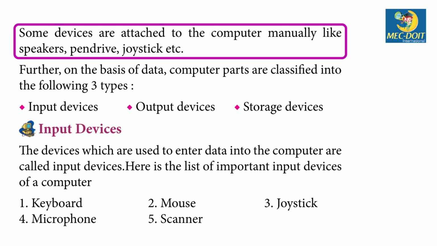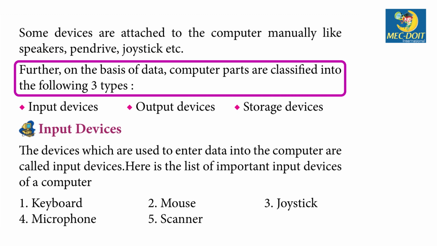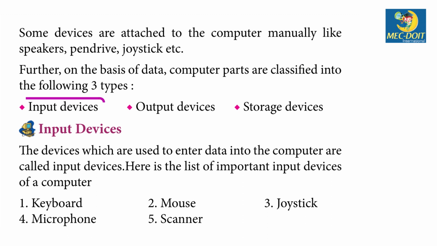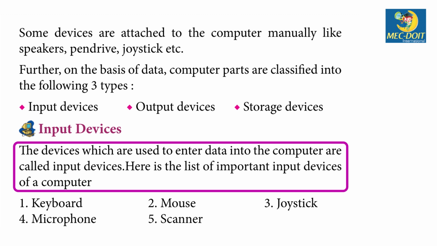Some devices are attached to the computer manually, like speakers, pen drive, joystick, etc. Further, on the basis of data, computer parts are classified into the following 3 types: input device, output devices, storage devices. Input devices: the devices which are used to enter data into the computer are called input devices.